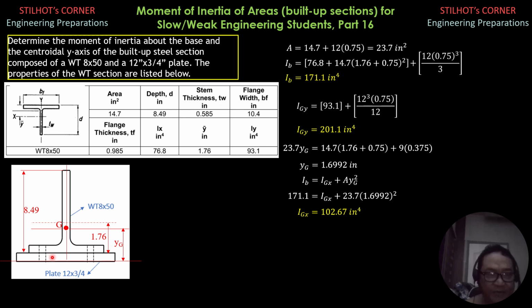And I want you to transfer the moment of inertia with respect to the centroidal x-axis of the rectangular plate to that axis, and show that IGX is 102.67 inches to the fourth.